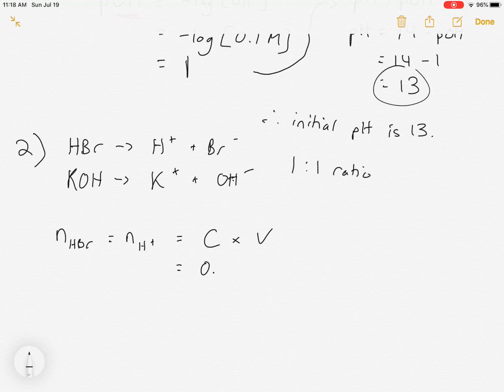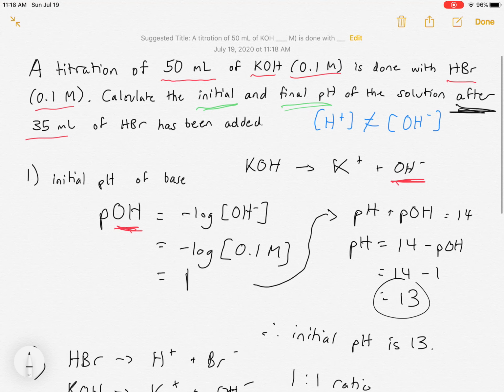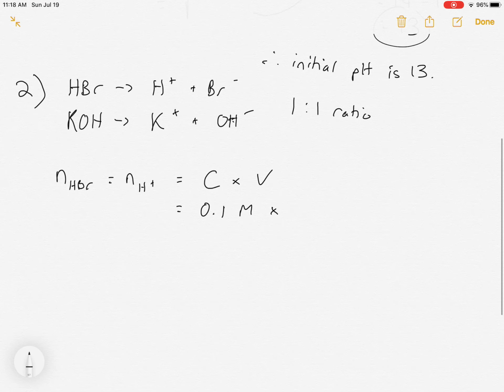So if we have 0.1 molar, which we did to just make things simple, and then pay attention to volume, okay? We want 35 milliliters, but because we're dealing with molars, which is moles per liter, we have to write it in liters.